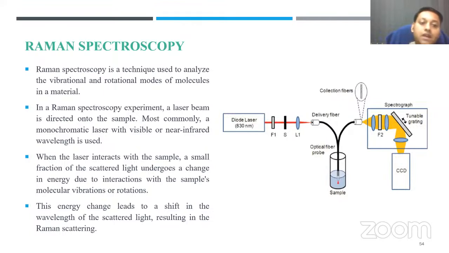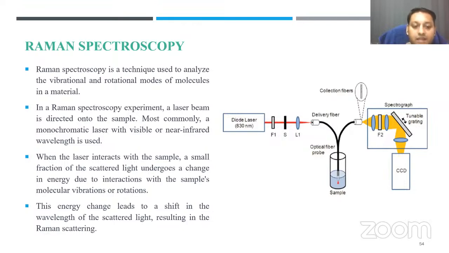Vibrational modes means when a material is excited by photons or by a laser beam, there is a transition of electron from one state to another state, and those states are called vibrational states.